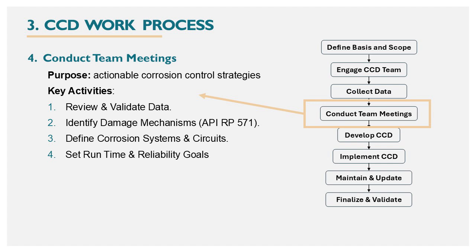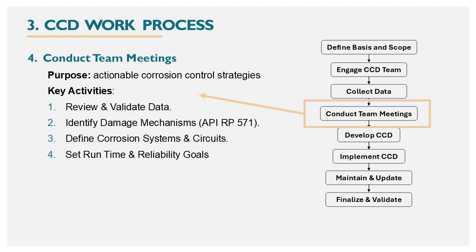Number 2 is identify damage mechanisms based on API RP 571. Examples: in terms of high temperatures, such as sulfidation, high-temperature hydrogen attack or HTHA. In terms of aqueous, such as wet hydrogen sulfide or H2S, carbon dioxide or CO2 corrosion.